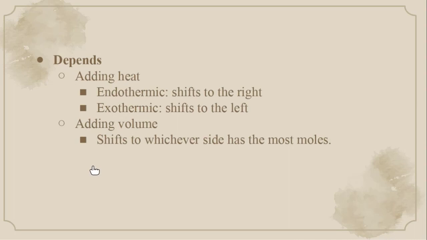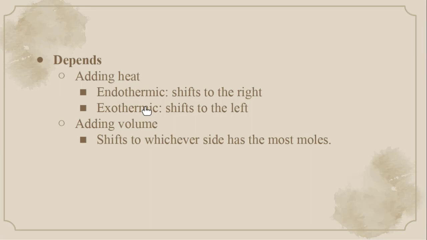But sometimes it'll depend, and that's when your reaction depends on whether it's endothermic or exothermic. If you're adding heat and it's an endothermic reaction, it will shift to the right because your heat is on your reactant side. So again, you're adding a reactant, so shifting to the right. But if it's an exothermic reaction, your heat is actually on the product side.